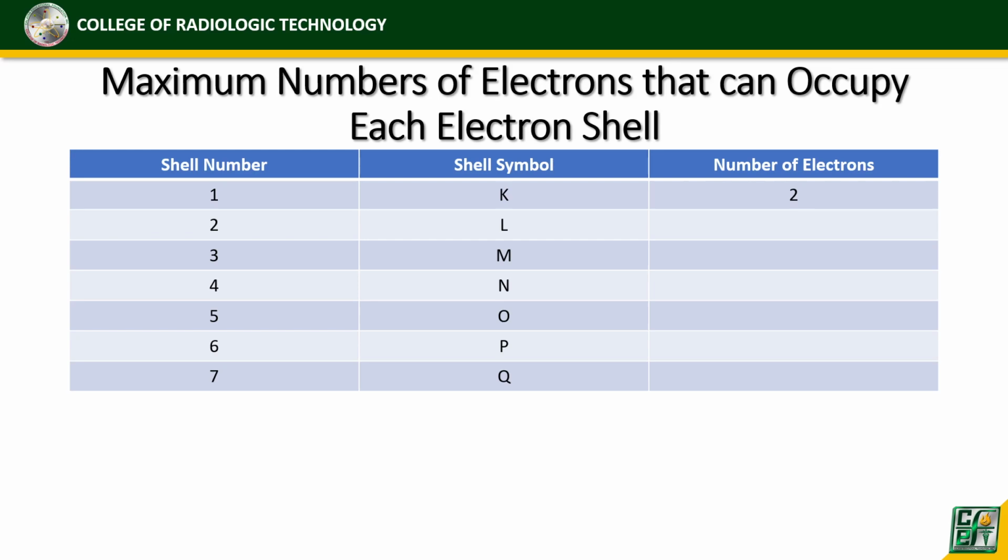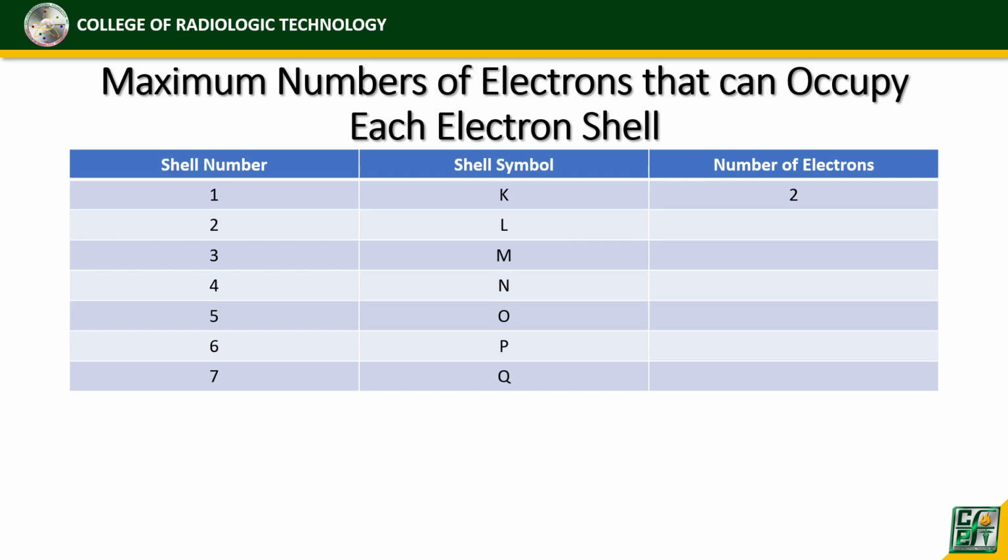So this is a table na makikita natin yung shell number at yung symbol ng shell as well as the maximum electrons na nag-occupy sa specific shell. So, ang present lang dyan ay the K shell, the innermost. So, I want you to compute. Siyempre, yung O shell natin, alam na natin 50 electrons.